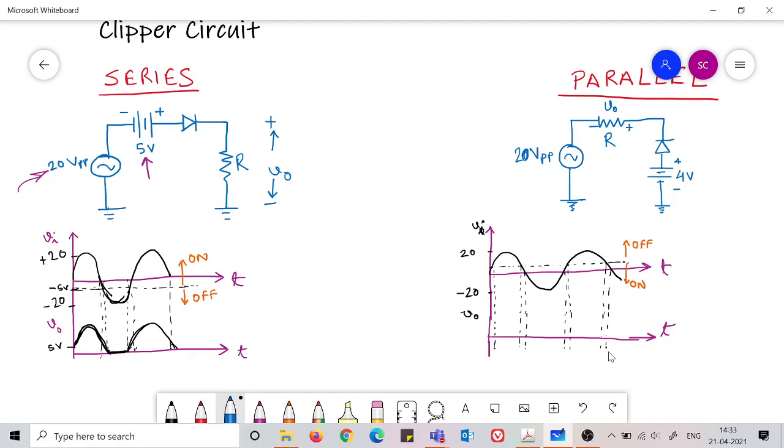Till 4 volts we are having the current conduction, and the voltage at 4 volts is 0 here. Below that you have the current conduction. This would be the shape.